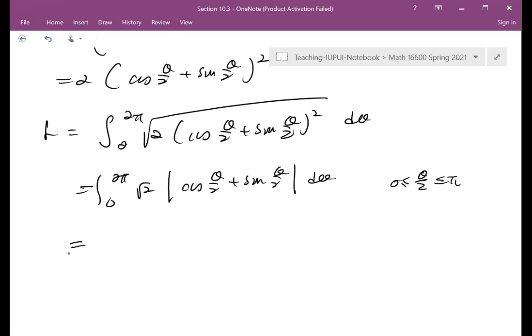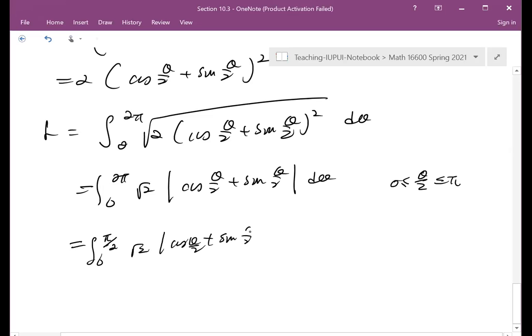And this is not trivial, right? So let's divide this into four parts. And this is going to be the integral of cosine half of theta plus sine half of theta. And then from pi over 2 to pi.